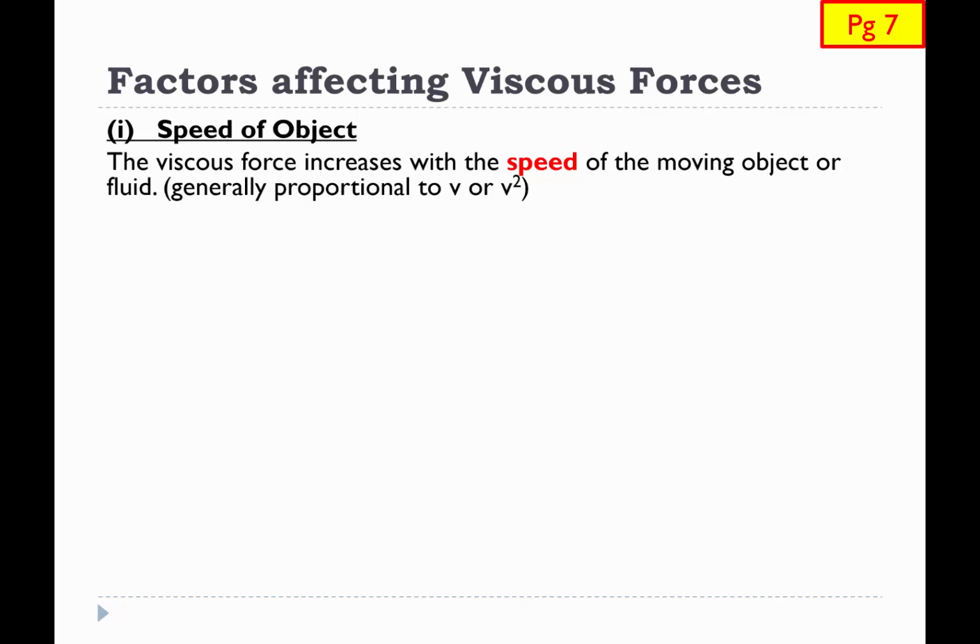There is a variety of ways to calculate viscous force, and in A level, generally you're not required to calculate viscous force, but if you are required to, the question will refer you to the formula. There is no need for you to assume anything; if you need to calculate, the equation will have been given to you. Otherwise, if you need to describe viscous force, how you should describe it is that viscous force will increase with speed. Do not ever say that viscous force is proportional to velocity.